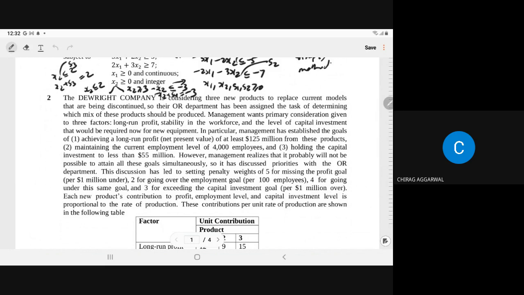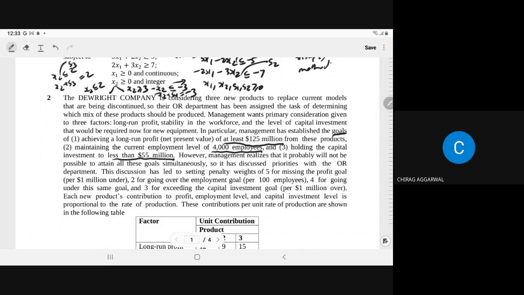In particular, management has established the goals of first achieving a long run profit, net present value, of at least $125 million from these products, maintaining the current employment level of 4,000 employees, which is at most, and holding the capital investment less than $55 million.